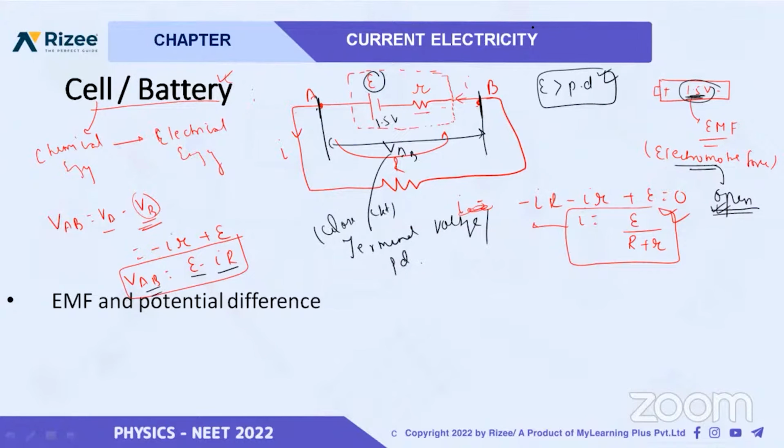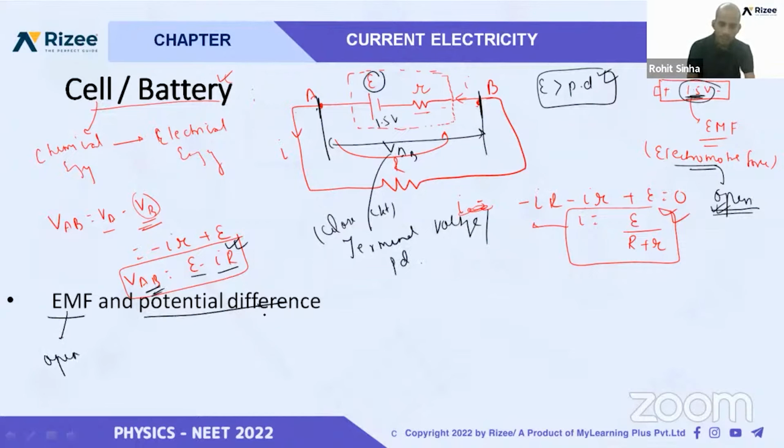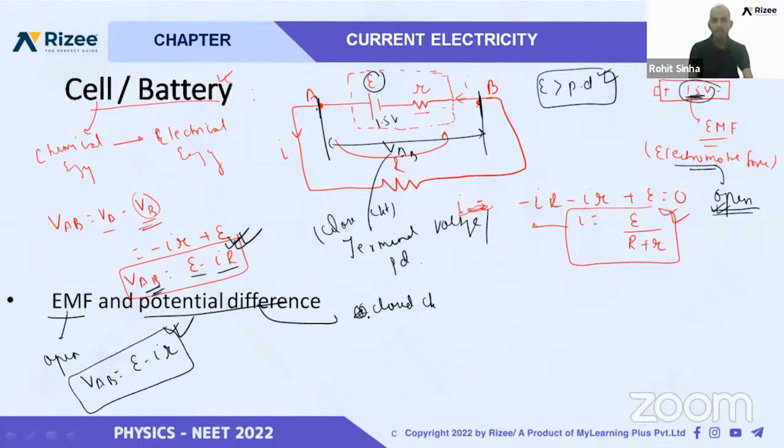In short, EMF is defined for an open circuit and potential difference is defined for a closed circuit. You should remember this. To find the potential difference or terminal voltage, we use EMF minus I into internal resistance. Remember this.